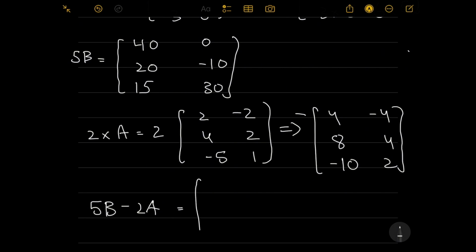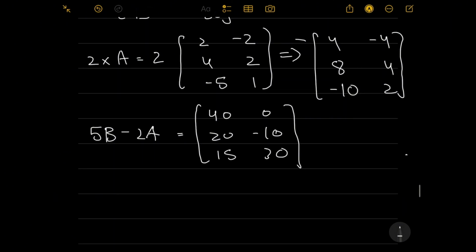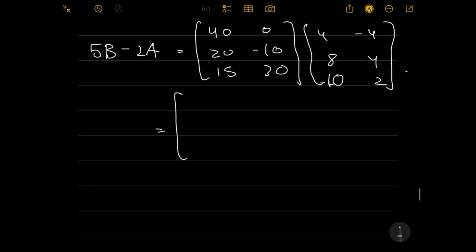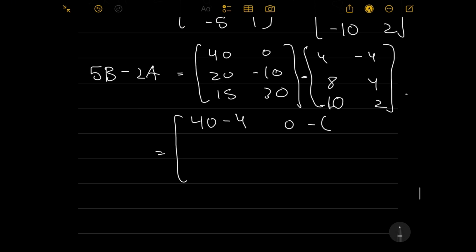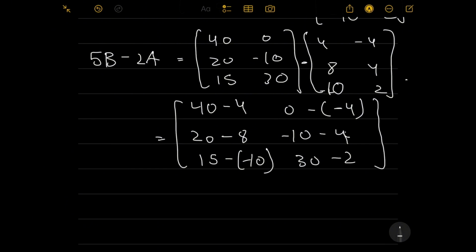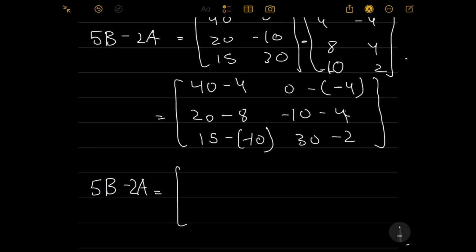So 5B is 40, 0, 20, minus 10, 15, 30, minus this 4, minus 4, 8, 4, minus 10, and 2. 40 minus 4, then 0 minus minus 4, then 20 minus 8, minus 10 minus 4, 15 minus minus 10, 30 minus 2.